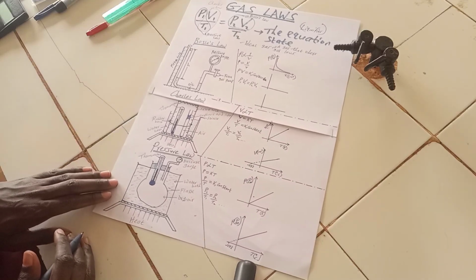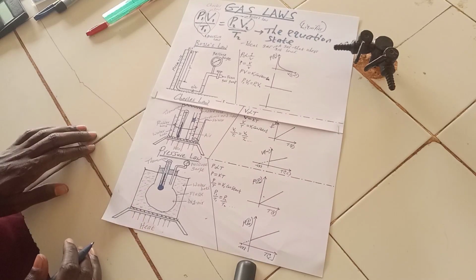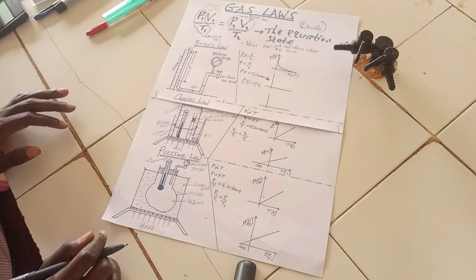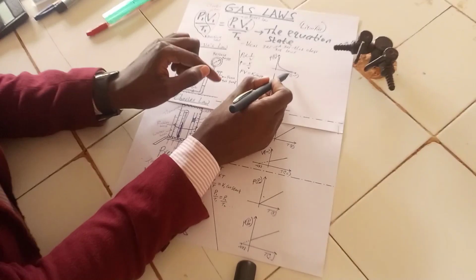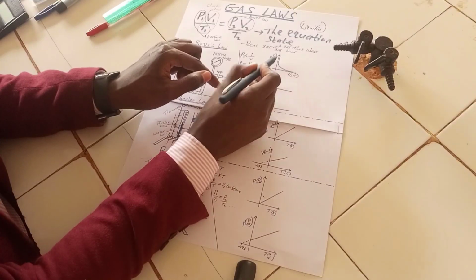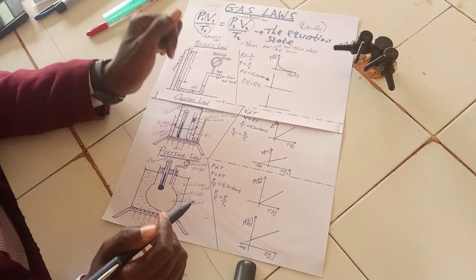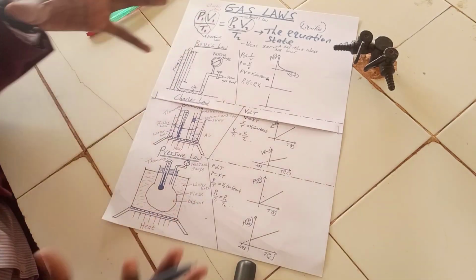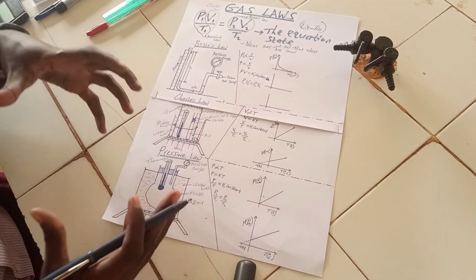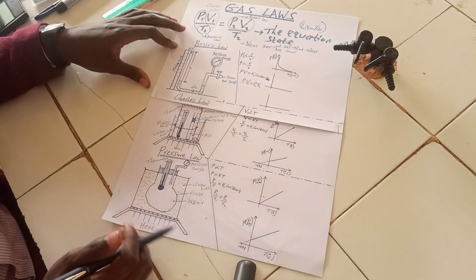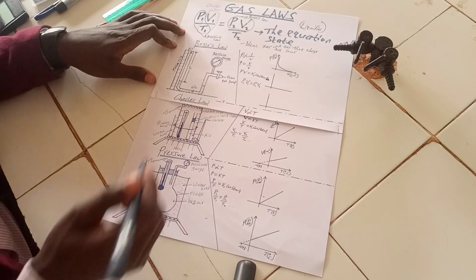In other words, it will now become a liquid. And we know liquids are incompressible. That's why you realize this volume is not going to zero. The curve is not touching zero, but it is almost zero. Because when you reduce the volume of a gas, at some point it becomes a liquid, hence liquids are incompressible.